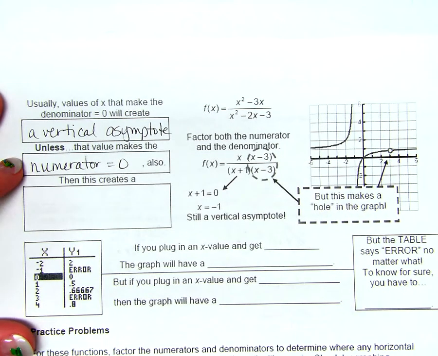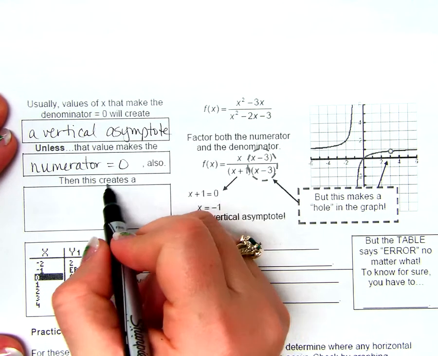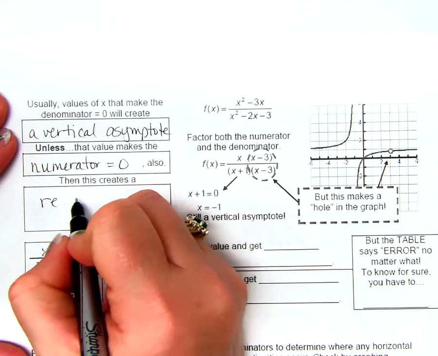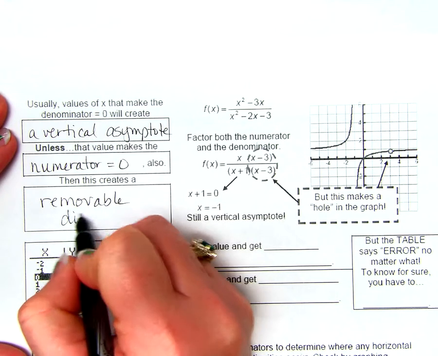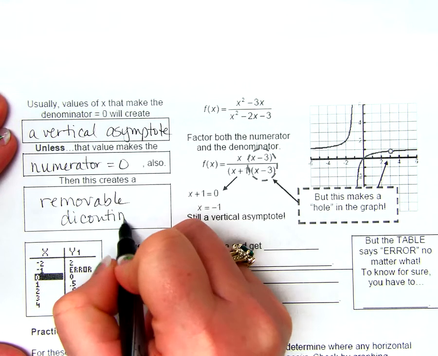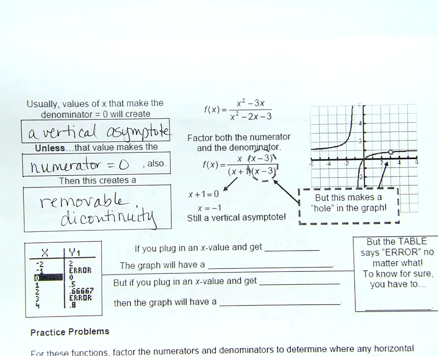Okay? If it also makes the numerator equal 0, this doesn't create an asymptote. It creates a removable discontinuity. Okay? So normally we set the denominator equal to 0 to find the asymptotes.